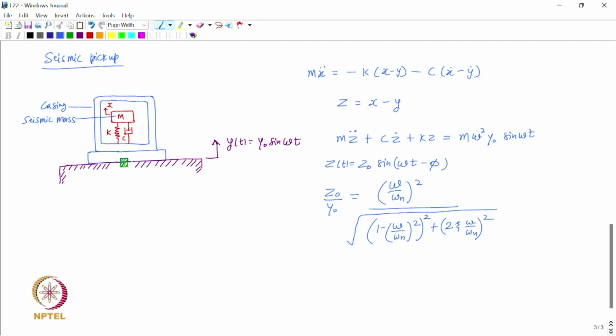So, this is the ratio of the steady state amplitude of the seismic mass and the amplitude of the base excitation.